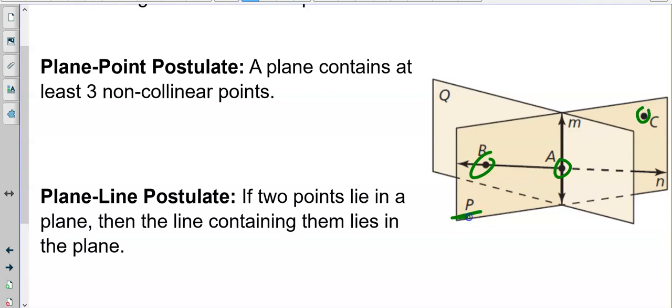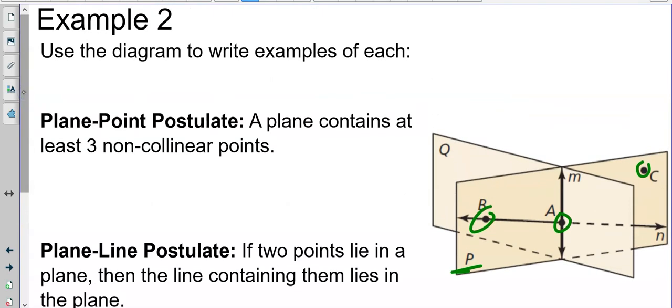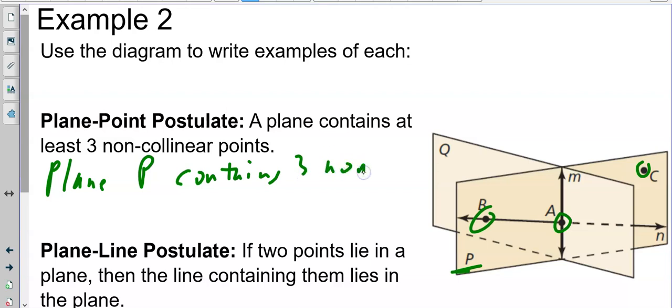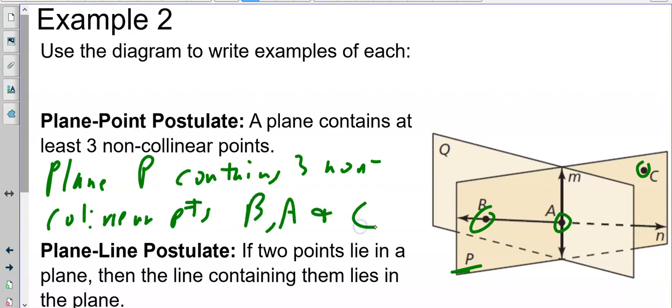Well, they're on plane P. So we would say plane P contains 3, this is very important, non-collinear points. I'm going to abbreviate here. B, A, and C.